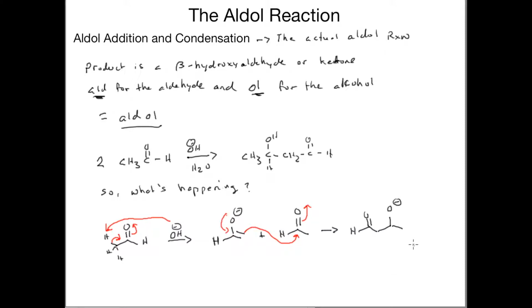And then once we get to this point, we've got some water that's left over from the base as it had abstracted the proton, and this can come over here and get protonated. We reform our base, or our catalyst, at this point.